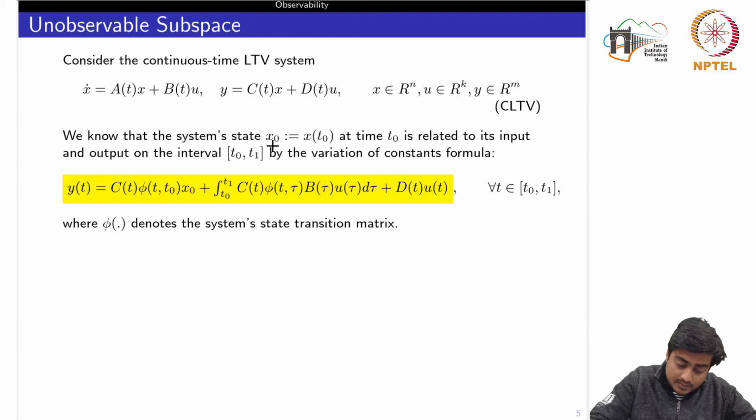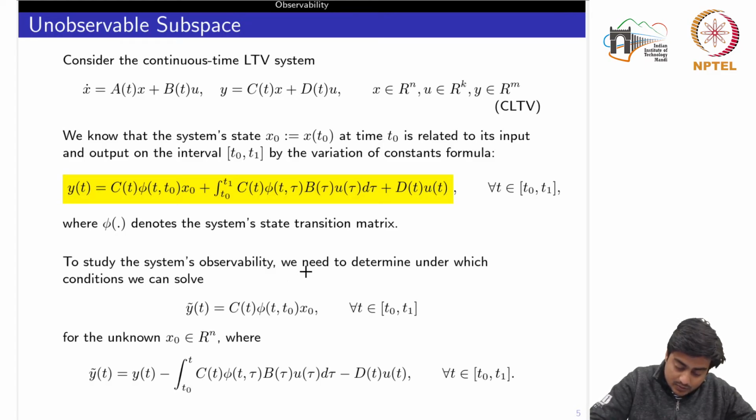We know that the system state x0, defined as x at T0, is related to its input and output on the interval T0 to T1 by the variation of constants formula that we saw in the first week. This is the solution of the LTV system: y(t) is equal to C(t) times the state transition matrix phi times x0, plus an integral term, plus D(t)u(t).